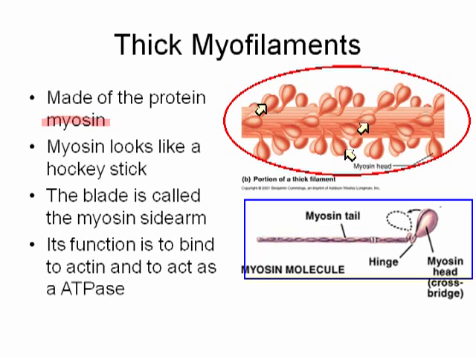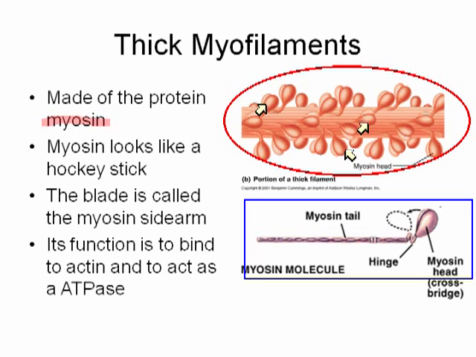And in fact, it's that myosin sidearm or that myosin head that will go ahead and cause the physical act of contraction, through the interaction between the myosin sidearm within the thick myofilament and the thin myofilament.